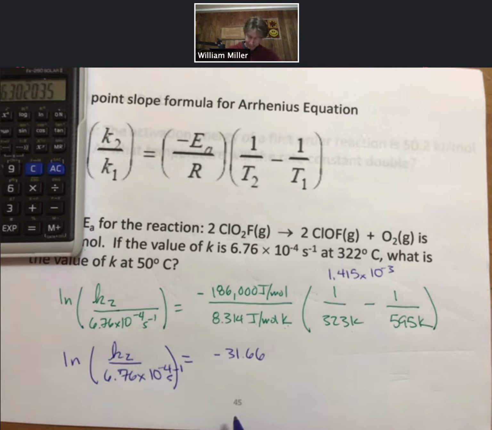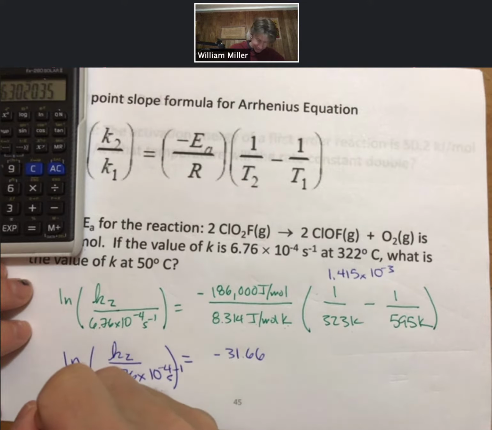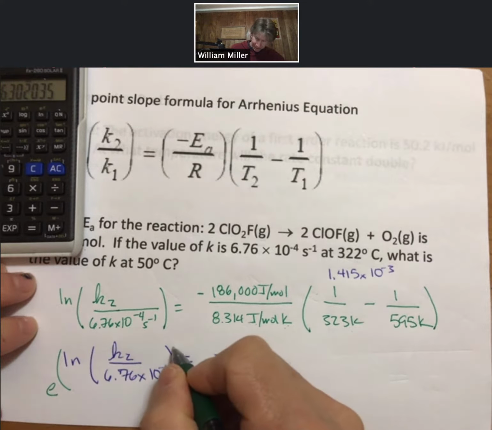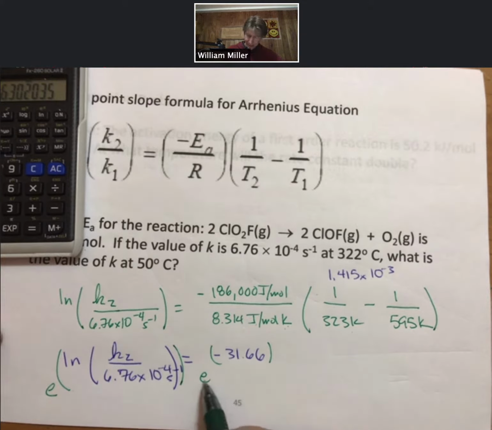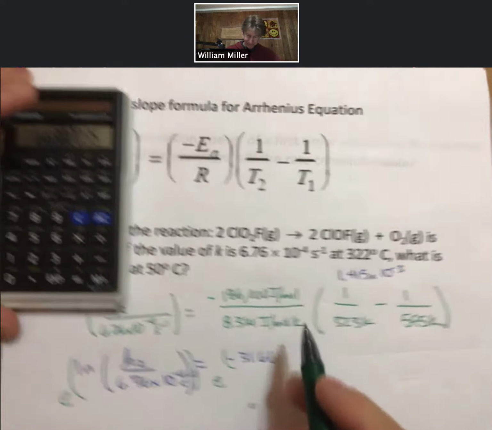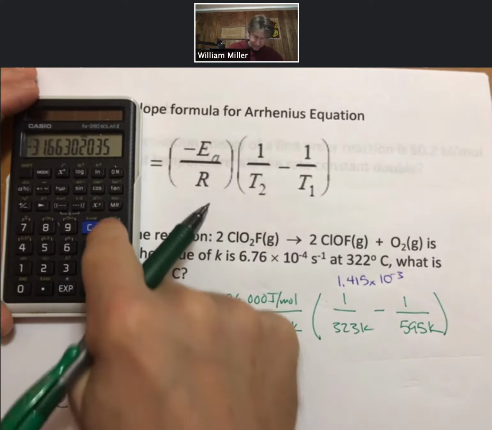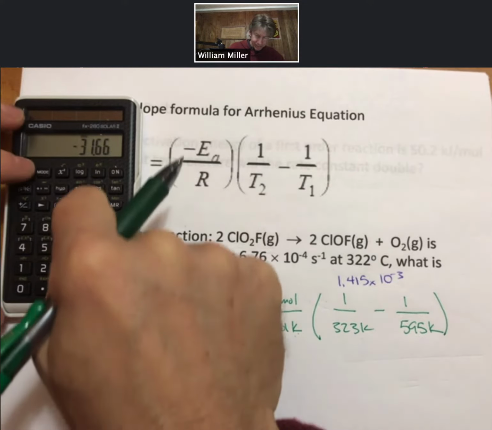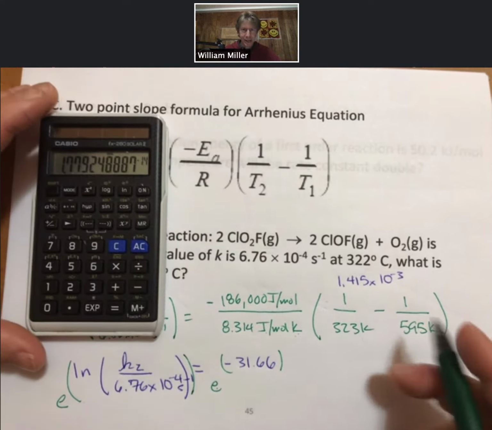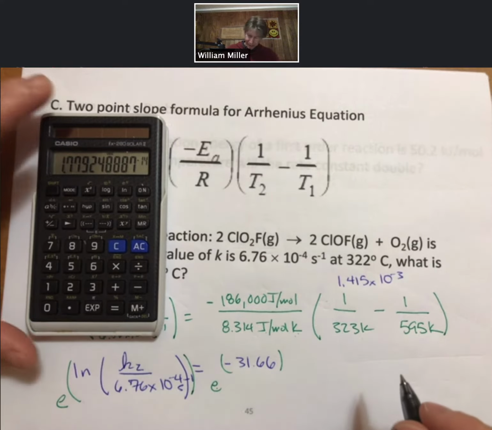Let's see. I think what I need to do actually is take the exponential of both sides. That's going to be e to the minus 31.66, and for that, I get 1.8.